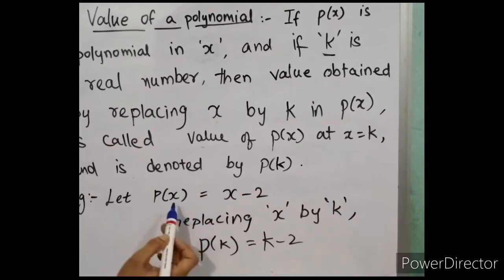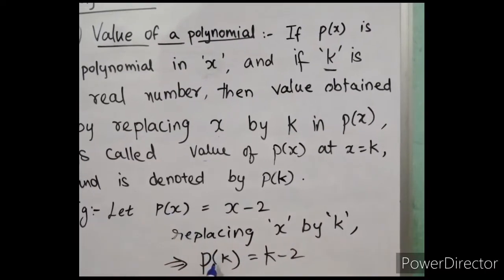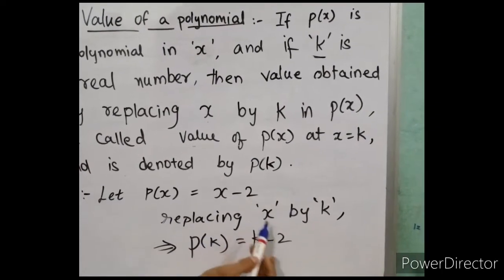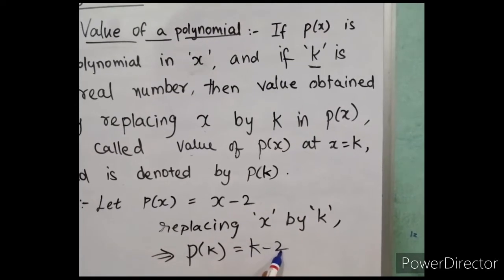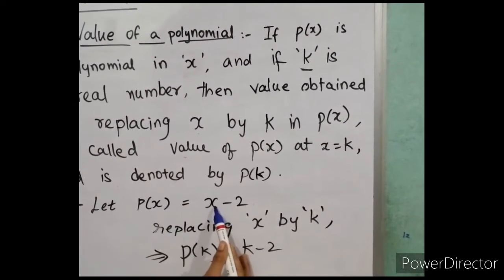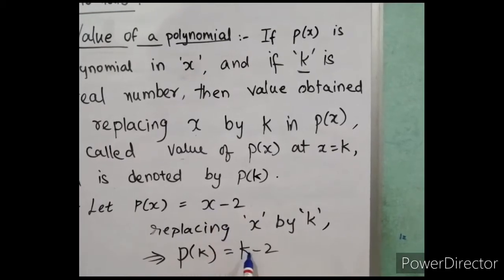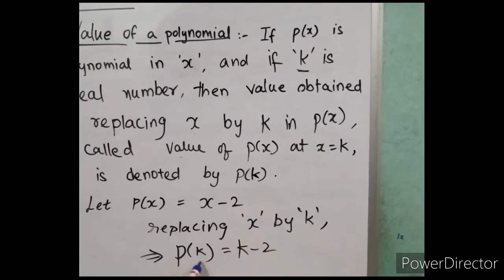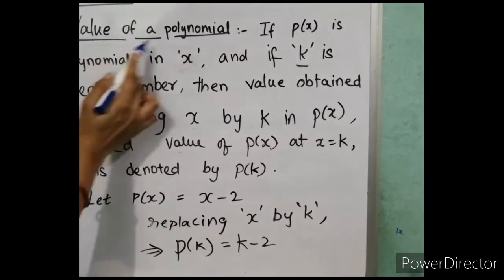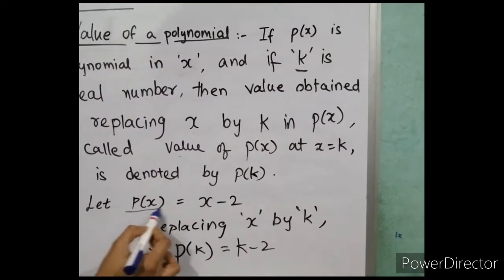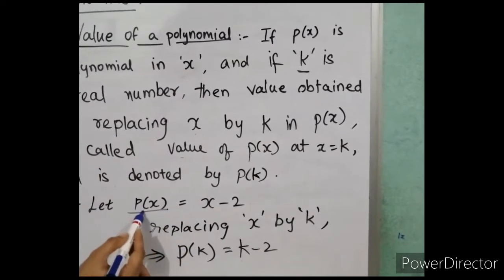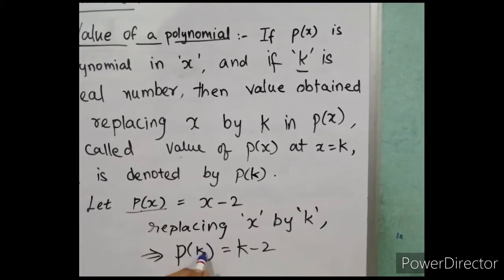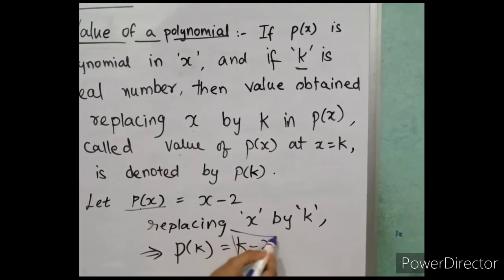That implies the equation which we have taken will become p of k, instead of x I have written k here, is equal to k minus 2. In the RHS part also, I have substituted k in the place of x. Therefore, p of k is called the value of the polynomial. This is the polynomial we have taken, and for this polynomial, value of polynomial at x equal to k is the answer k minus 2.